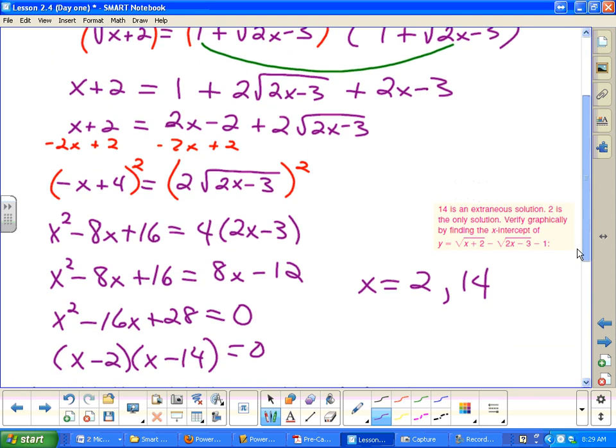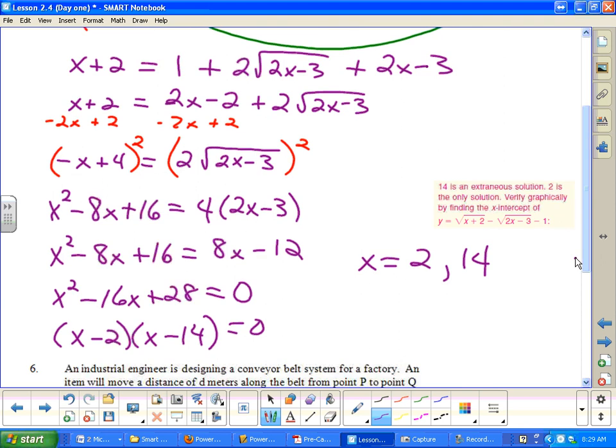So if I put 2 in for x, 2 plus 2 is 4, so the square root of that is 2. 2 times 2 is 4 minus 3 is 1. So 2 minus 1 equals 1. So 2 works.